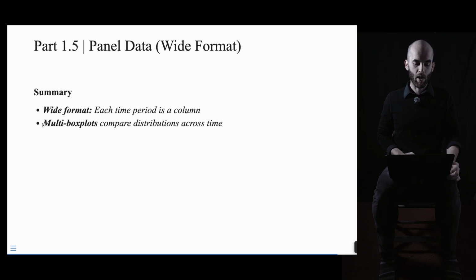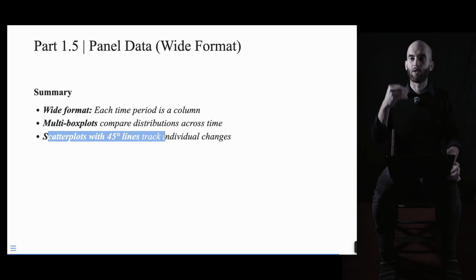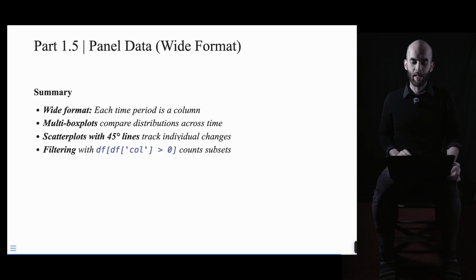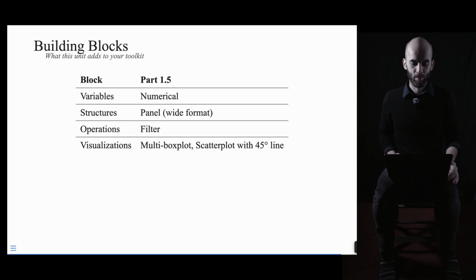And then we've talked about multi-box plots to compare distributions across time. We've talked about scatter plots, which are sort of this top tier data visualization tool, and then 45 degree lines to track changes through time. And then we're going to talk about filtering to count subsets in exercise 1.5.